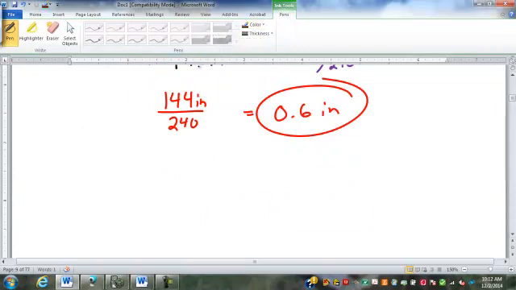This works well for reasonable beams. If you have longer beams, say a 40-foot beam, and let's say this is a beam with a plaster ceiling, so we're going to use an L over 360 on it. Well, 40 feet is 480 inches.